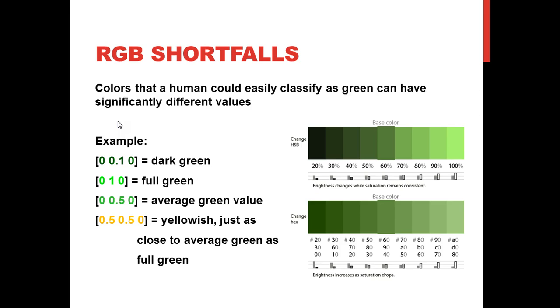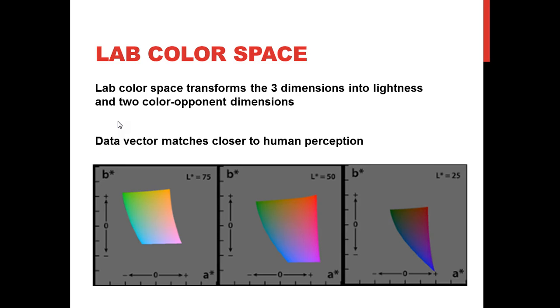Any of the colors that have no contribution in the red and blue realm are going to be perceived by humans as green, at different magnitudes, some lighter and darker. But if you just take the Euclidean distance between those points, you can find other points, just like this yellowish point at the bottom, that will be the same distance but won't be green at all. So that's where the problem comes in, trying to classify based off RGB coordinates.